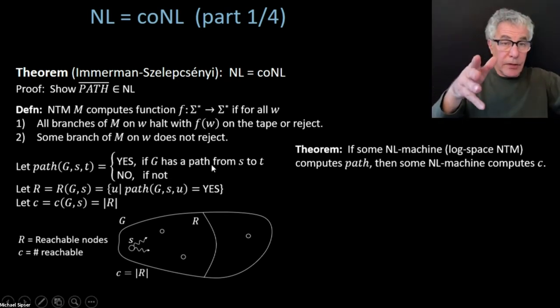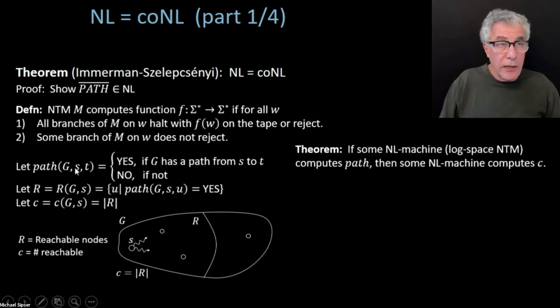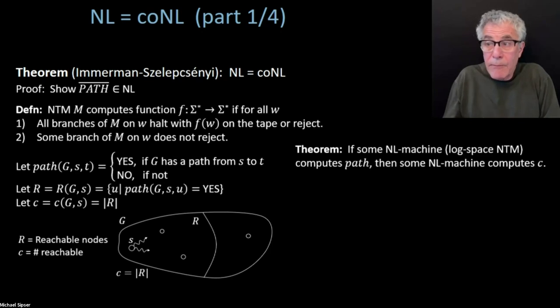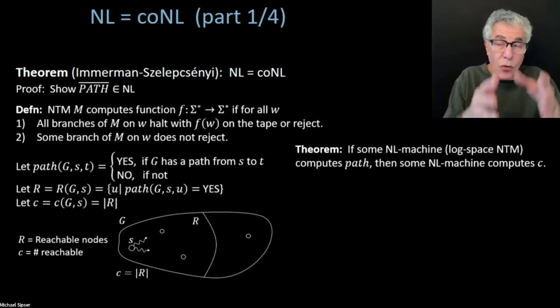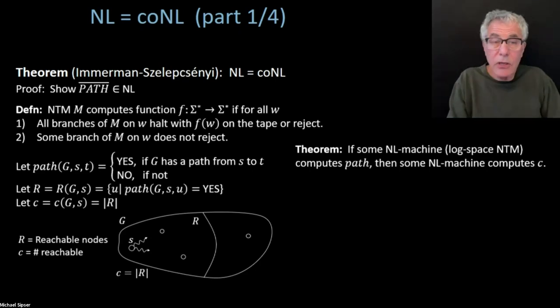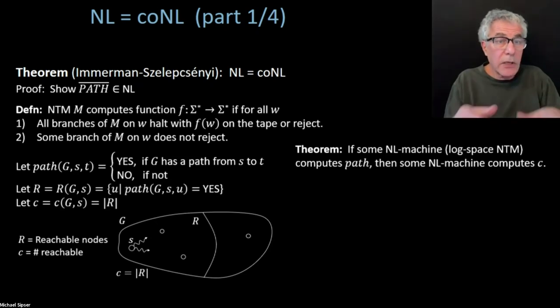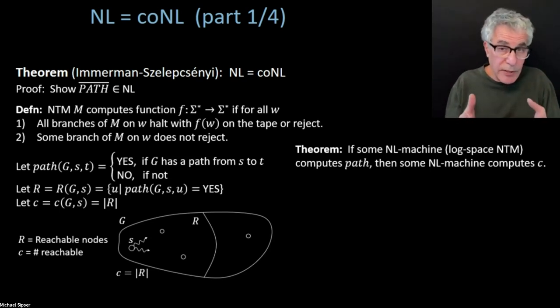On the different branches of the non-determinism, given a graph G, S, and T, there are going to be some branches which may output yes, some that may output no, and other branches may say, I don't know. But the machine always has to give the right answer if it's going to give any answer. So all branches either have to say yes, or all have to say yes or punt, or all have to say no or punt, because one of those answers is going to be the right answer.